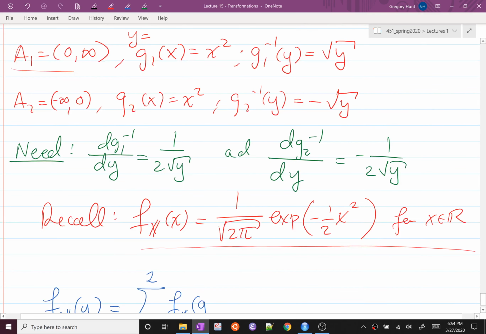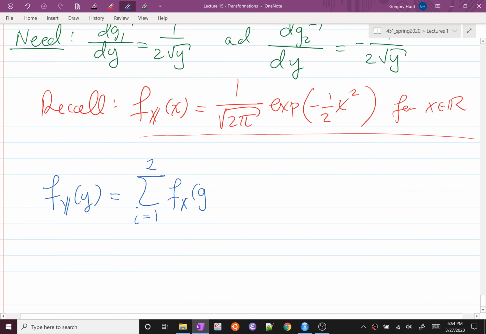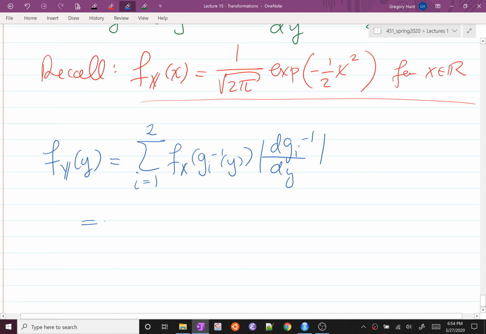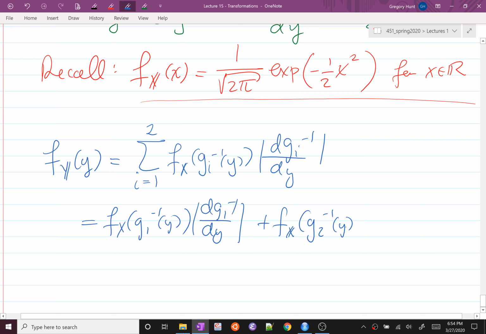So this is the sum, i goes 1 to 2, of f of x of g i inverse of y, times the derivative of g i inverse dy, in absolute value bars. Only two things, so this is f of x of g1 inverse of y, times dg1 inverse dy, and then in the case where i is 2, f of x of g2 inverse of y, times dg2 inverse dy.